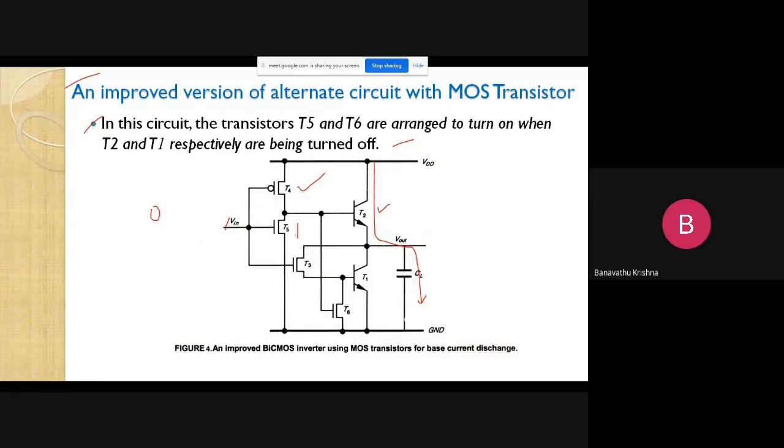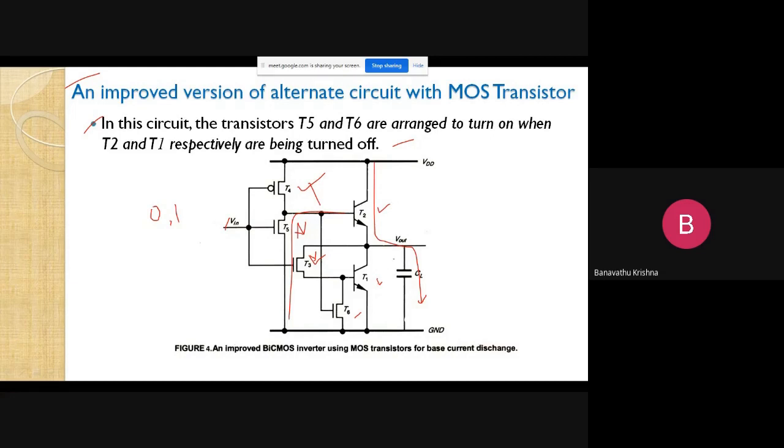At the same time, this one is off and this one is on. If any base current is available here, it will be discharged to ground if any swing occurs. In the next case, it is 1 here, this is off, this is on, and this one is on. If any base current is available here, it will discharge to ground through this T5. And in the second case, T3 is on and T1 is on, right?